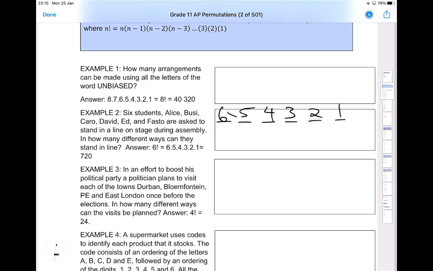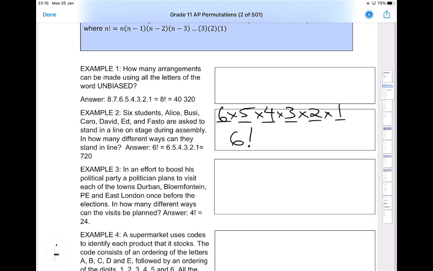Now, these numbers should be multiplied by each other. You are doing it like this because you understand what is happening. I like this approach because you have an understanding instead of just putting things into a formula. So now 6 times 5 times 4 times 3 times 2 times 1 is what we mean by 6 factorial.